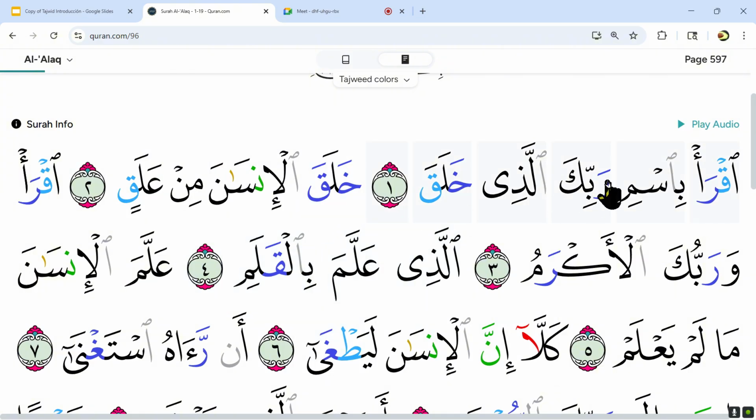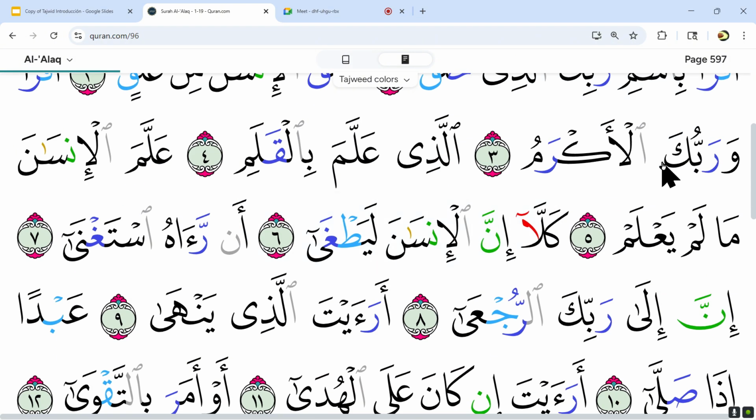So right here in Surat Al-Alaq, we have this. How come we're not saying an ra'ahu istaghna?